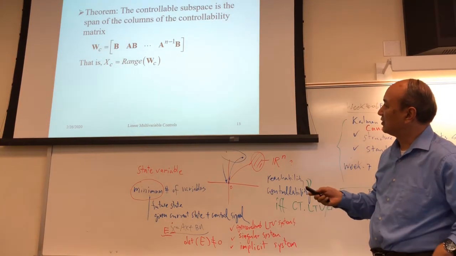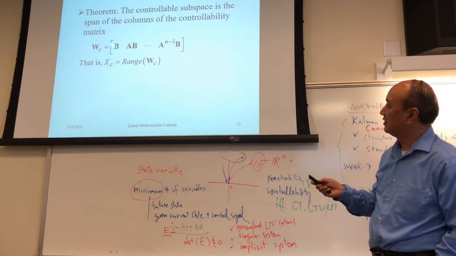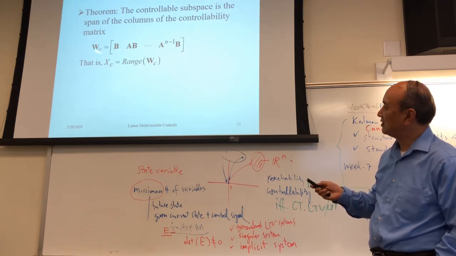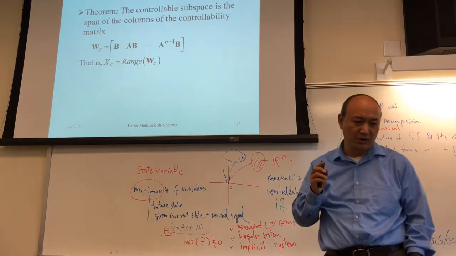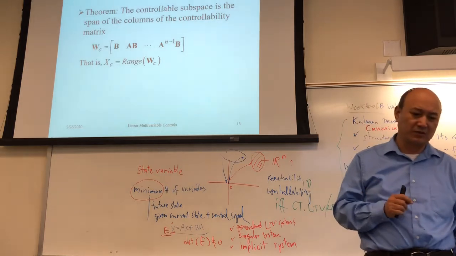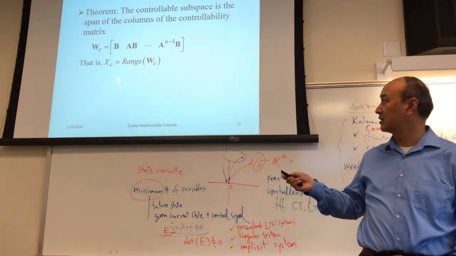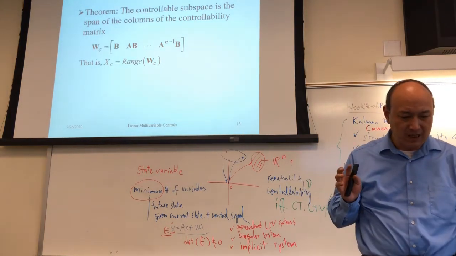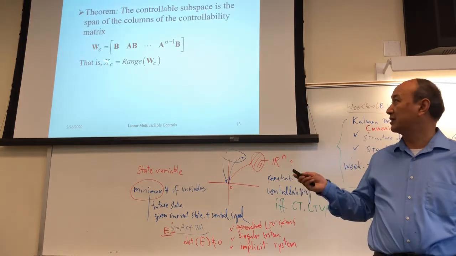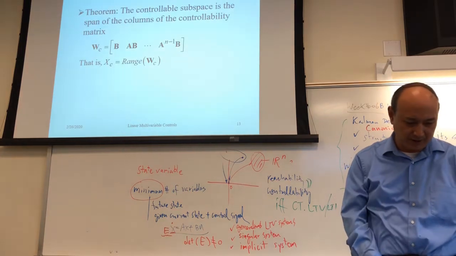So therefore, it doesn't matter, we just denote this matrix range as a controllable subspace. So X sub C is a controllable subspace. That is totally dependent on the rank of the WC.